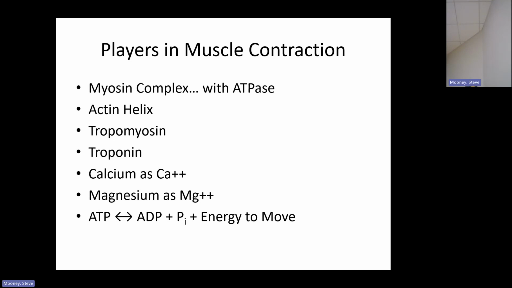We've got calcium coming in, we've got magnesium as the catalyst, and we've got our energy source coming from the mitochondria, ATP, which is going to break apart into adenosine diphosphate, one inorganic phosphate, and the energy to move.